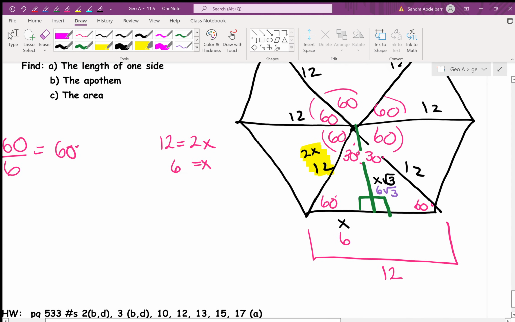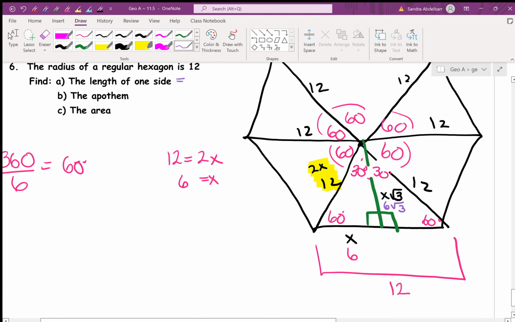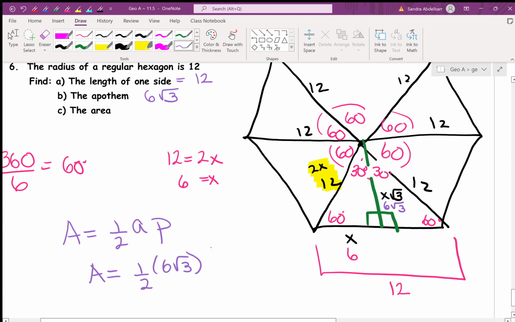So answering a few questions. Find the length of one side. Well, one side is how long? 12. Find the length of the apothem. Well, we said the apothem was 6 root 3. So now we want to find the area. Area will equal half the apothem times the perimeter. So area will equal half 6 root 3, and then the perimeter will be 12 times 6, which is 72.